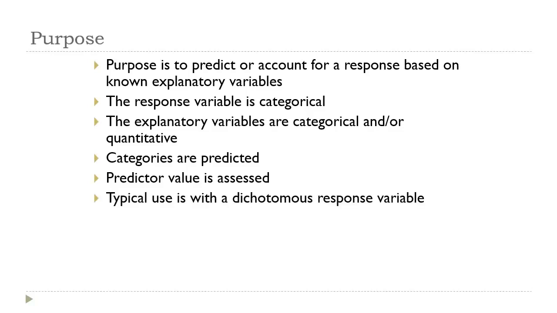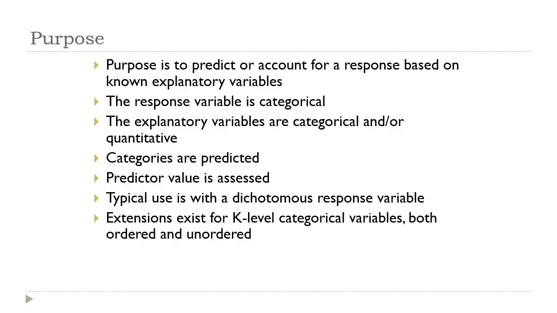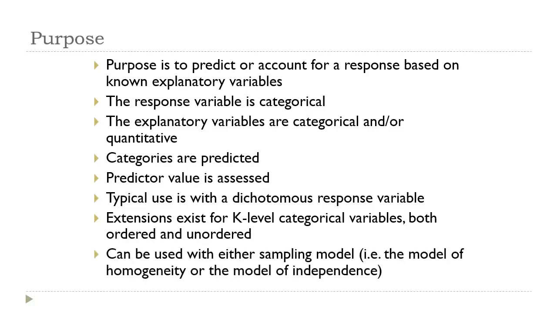Now, the typical use is with a dichotomous response variable, but of course we sometimes have categorical variables that go beyond yes, no, true, false, success, failure, or other dichotomies. So there are extensions that exist for k-level categorical variables, both ordered and unordered. But in this class, we're going to just introduce this with a dichotomous response variable.